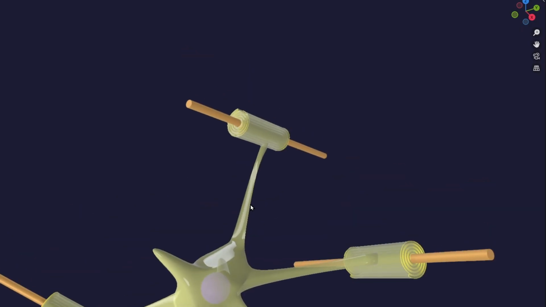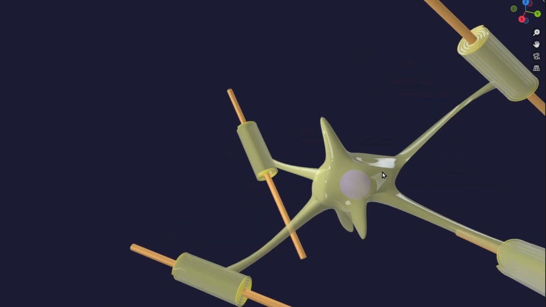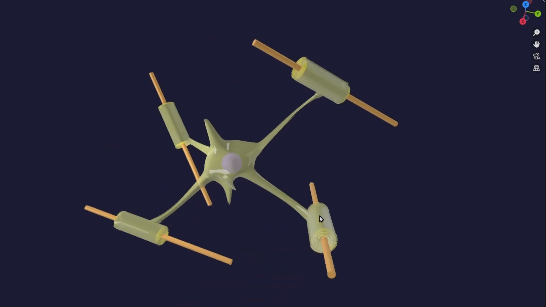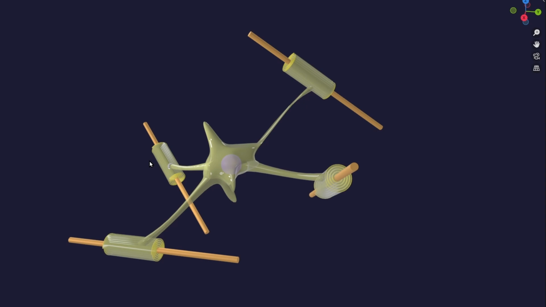In the central nervous system, a single oligodendrocyte has many cellular processes, and it can myelinate parts of up to 50 axons of 50 different neurons. So it's a very unique configuration, and the oligodendrocyte itself does not become part of the myelin sheath. It is not integrated into the myelin sheath.